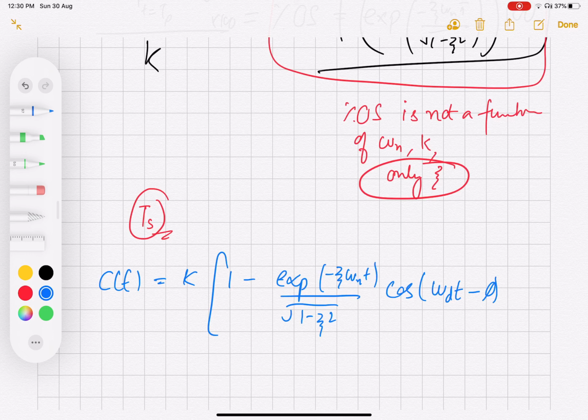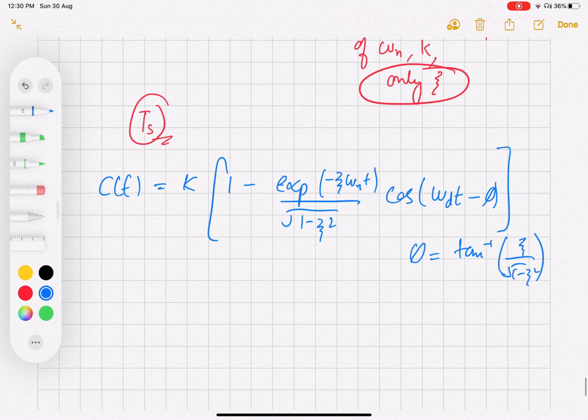I use this expression more often, and my phi is tan inverse zeta divided by under root of 1 minus zeta square. So I could see that 1 plus e to the power minus t sine omega t, this waveform is between two envelopes, which is 1 plus e to the power minus t and 1 minus e to the power minus t.